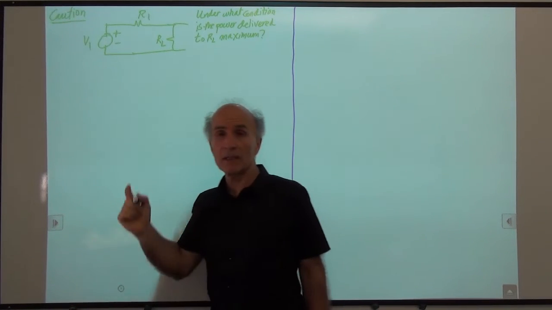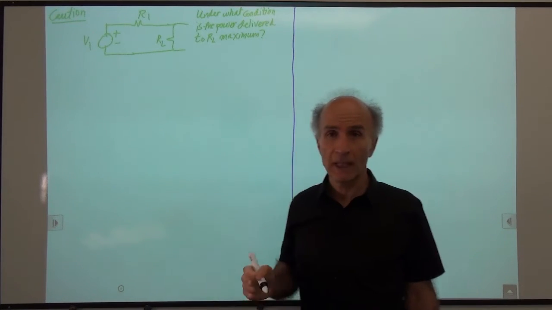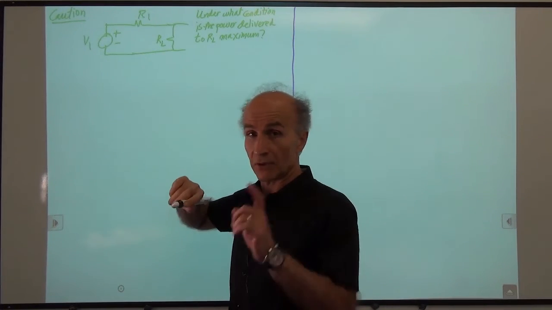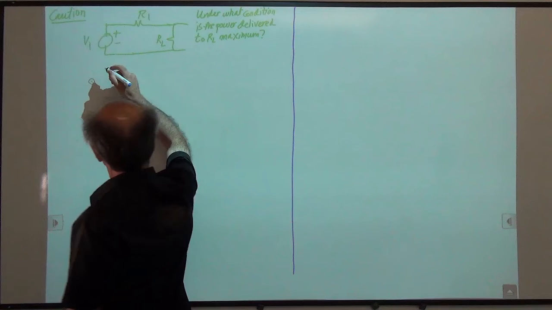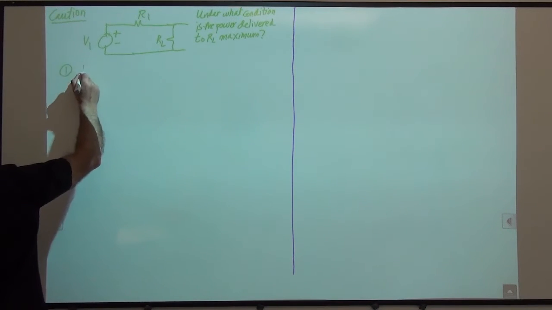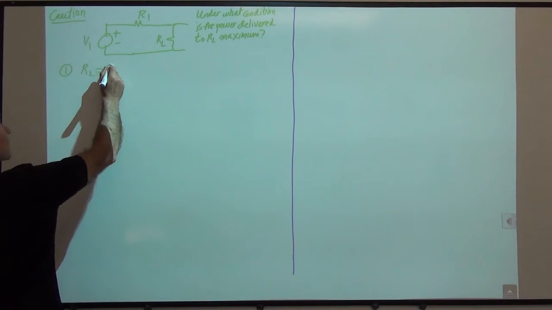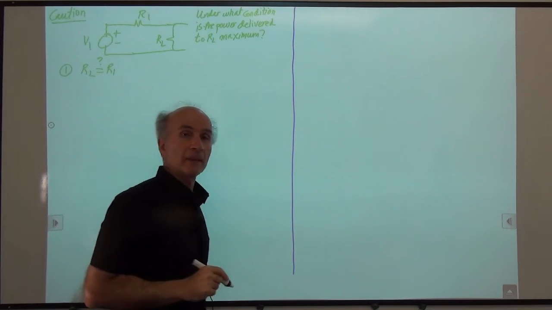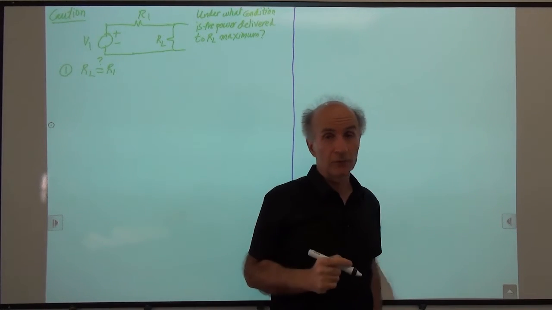And you're thinking, oh yeah, that's the matched condition that we had in mind. So sure, RL must be equal to R1, right? So your immediate reaction is to say RL equals R1. Okay? But that's not always true.